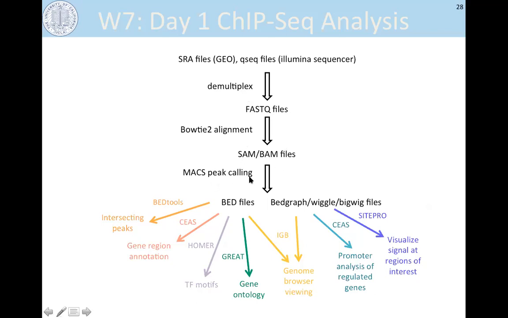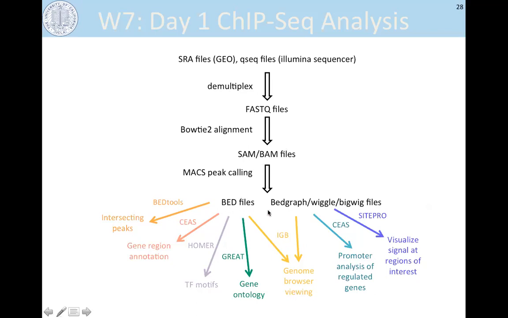We're going to do peak calling using the program MACS, which is going to generate two main files, bed files and bedGraph files. BedGraph can be converted to a similar file, wiggle files, and compressed binary bigWig files. So these are pile-up files which have more information than bed files. Bed files are basically the peak locations.